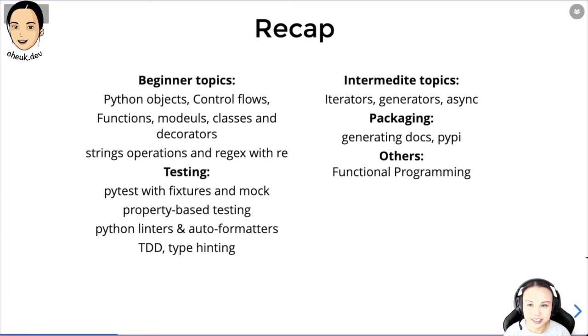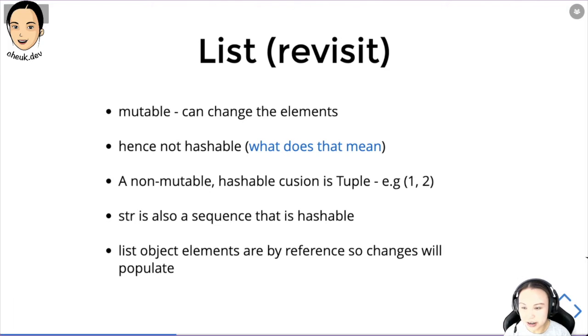Right. So first of all, a list. I think this is something we talked about last time, but I want to revisit it. The interesting thing about a list is that it is mutable. So you can change what's inside a list, and operations on it actually change the list itself. With an immutable object, if you do some operation on it, it will become something else.